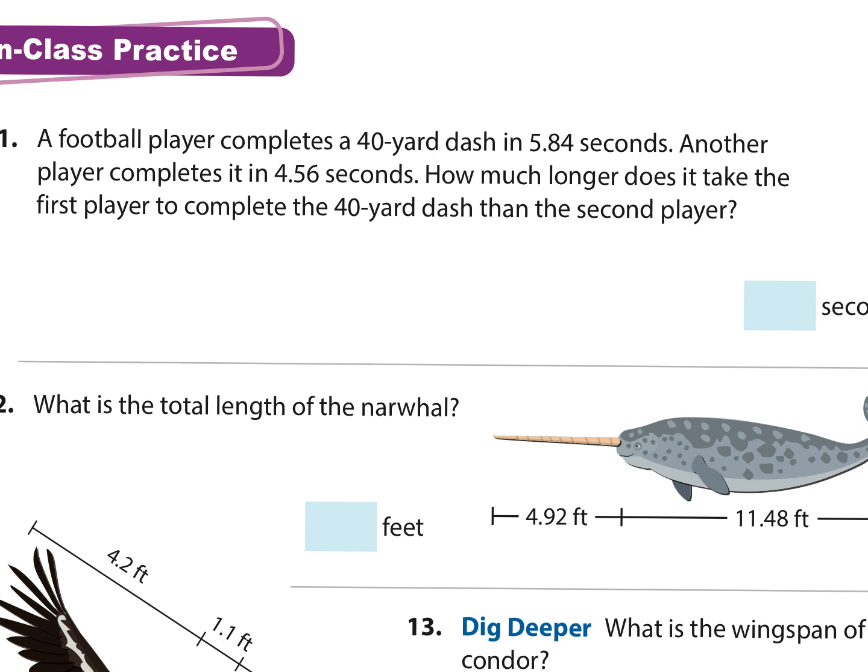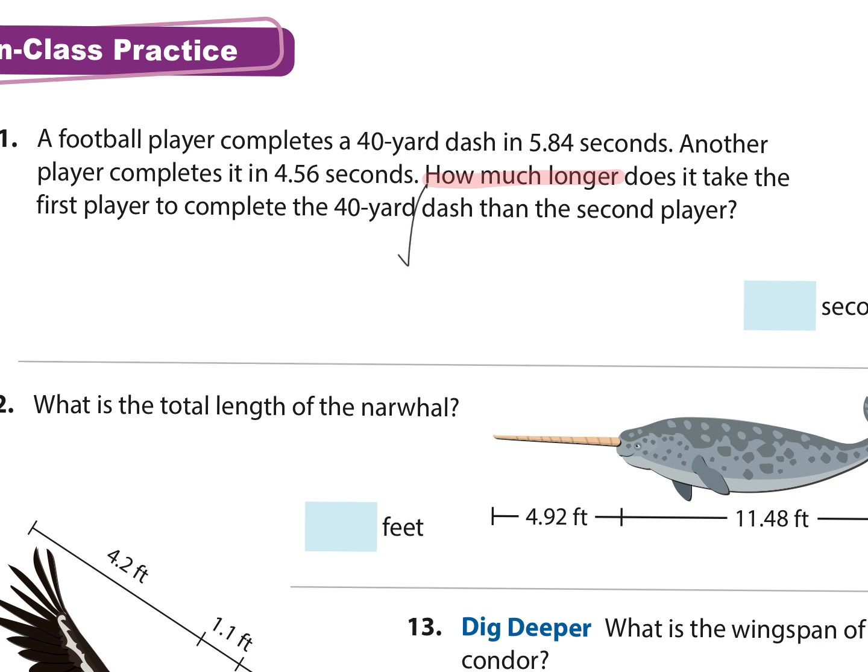A football player completes a 40-yard dash in 5.84 seconds. Another player completes it in 4.56 seconds. How much longer? That's my key phrase there. How much longer does it take the first player to complete the 40-yard dash than the second player? How much longer, what does that mean?